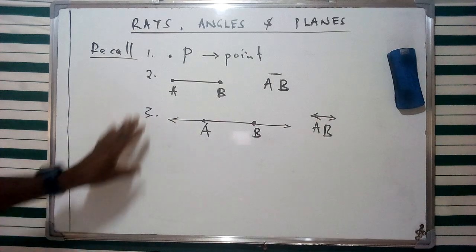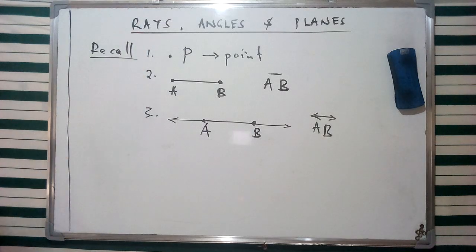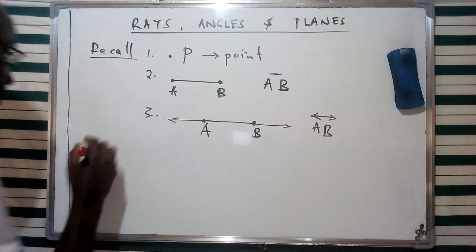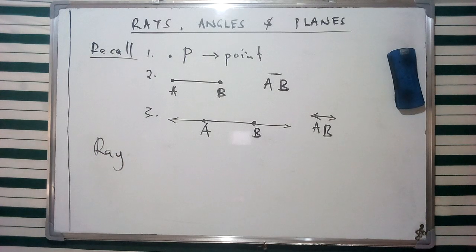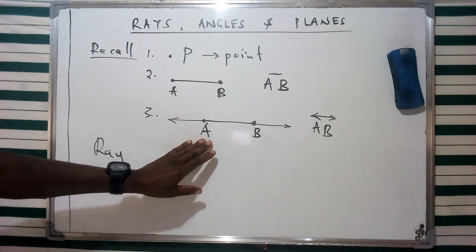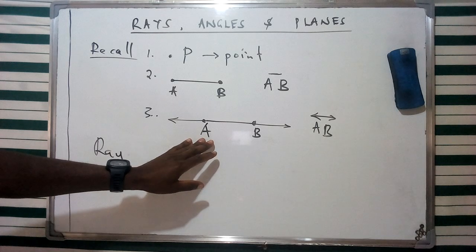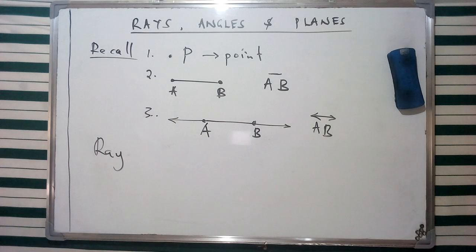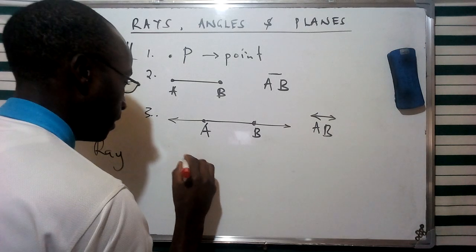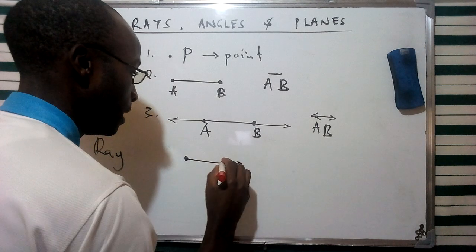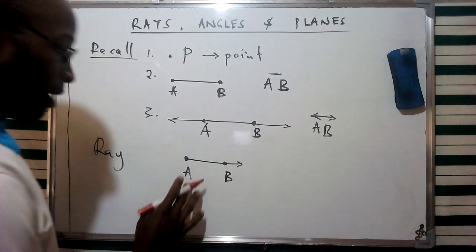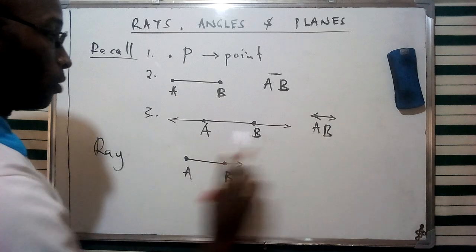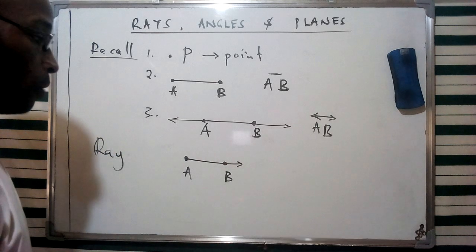So from this, we can describe what we refer to as a ray. A ray is part of a line which starts at some point, perhaps at point A, and extends in one direction. So it can start at endpoint A, pass through B, and extend infinitely in one direction.